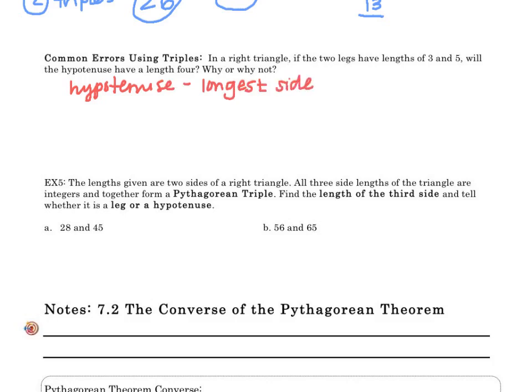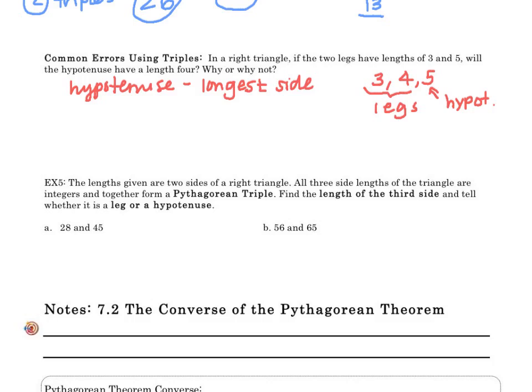So in the Pythagorean triples that we were working with before, for example, if you have a 3, 4, 5 triangle, the longest side, 5, absolutely has to be the hypotenuse in a right triangle. These two sides can be either one of the legs because they're the shorter sides. This is something to point out, because just because you see these numbers doesn't mean you can use a Pythagorean triple.